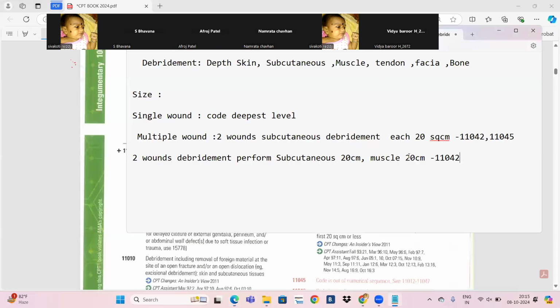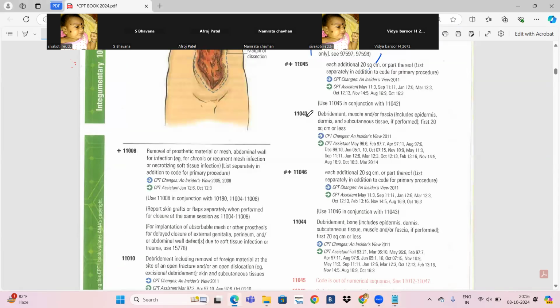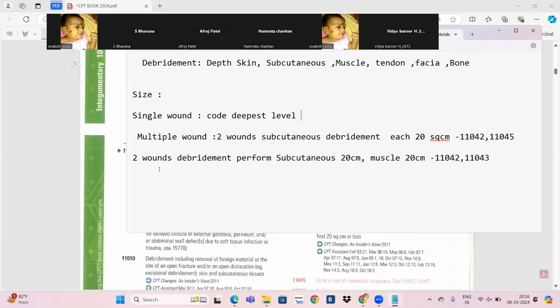11043. Clear? See here, in 2 wounds debridement performed. What is the depth? Subcutaneous and muscle, so both are different.